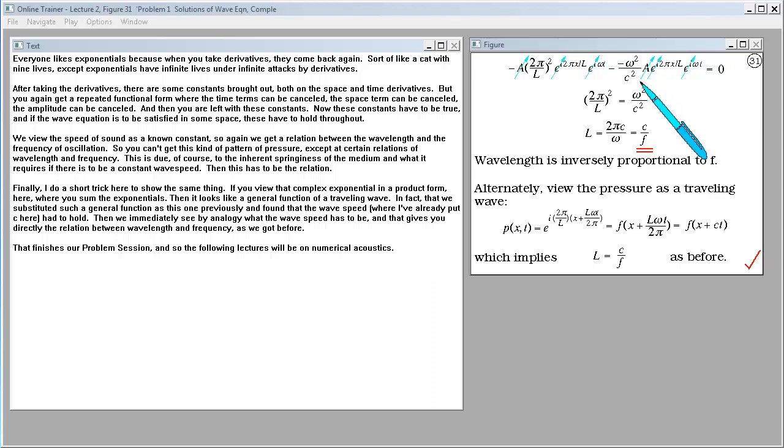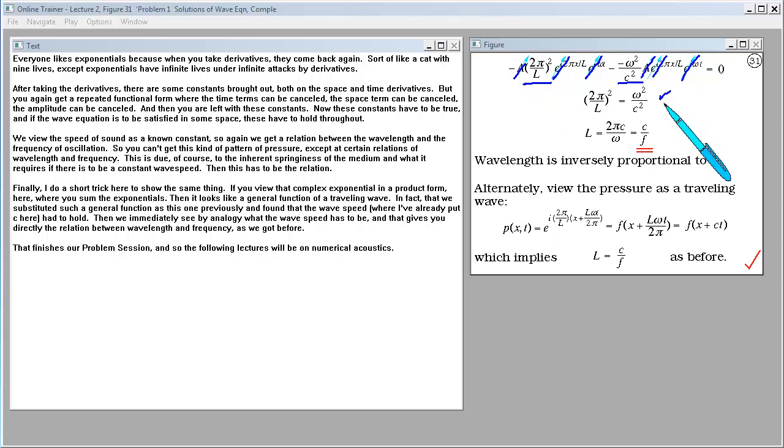After taking the derivatives, there are some constants brought out, both on the space and time derivatives. But you again get a repeated functional form where the time terms can be canceled, the space term can be canceled, the amplitude can be canceled, and then you're left with these constants.